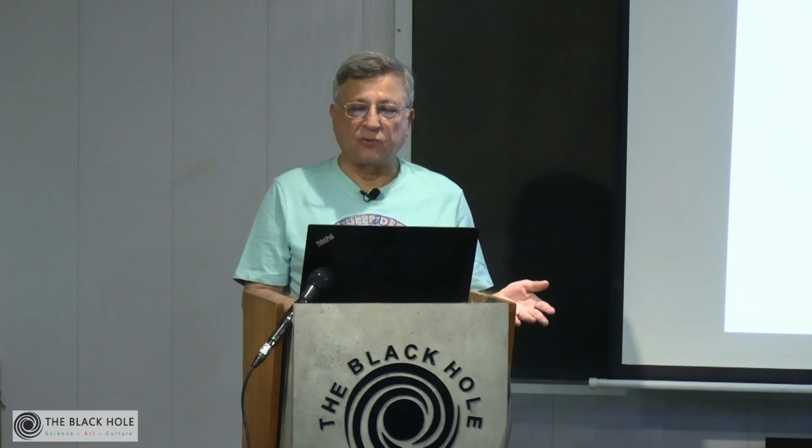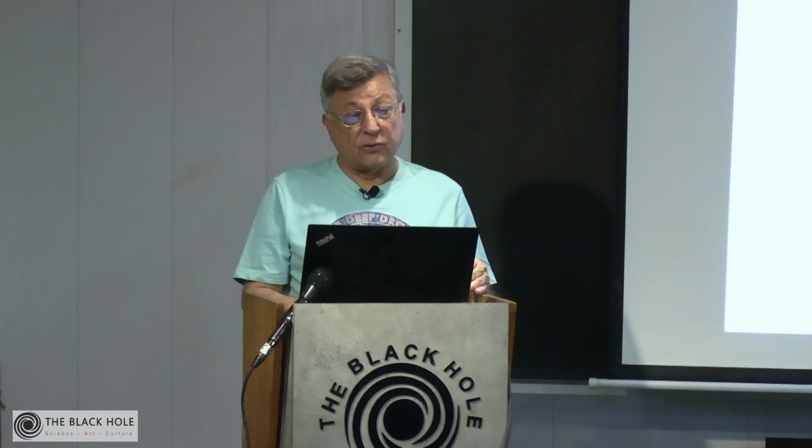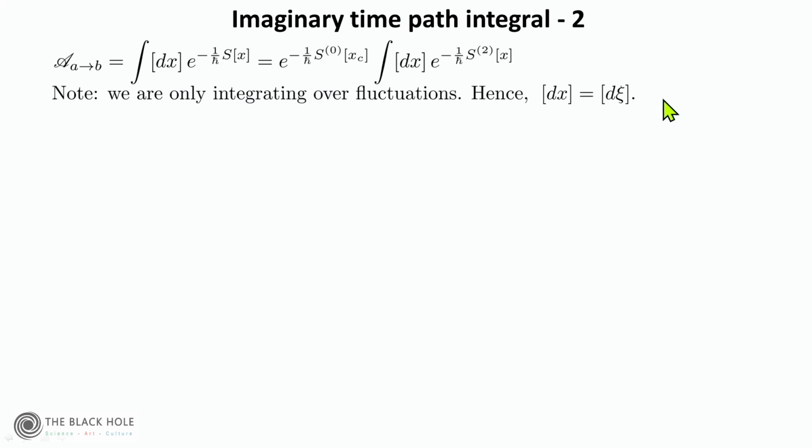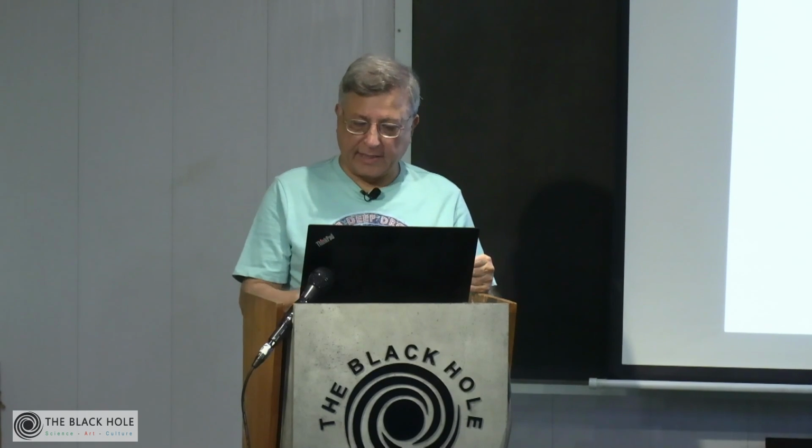It's been fixed by Newton's law. And so dx is equal to d xi. Which means that over here, instead of dx, I'm going to put d xi. But you see, the second order action here contains or could contain the classical path as well. And that makes sense because we are perturbing around the classical path.